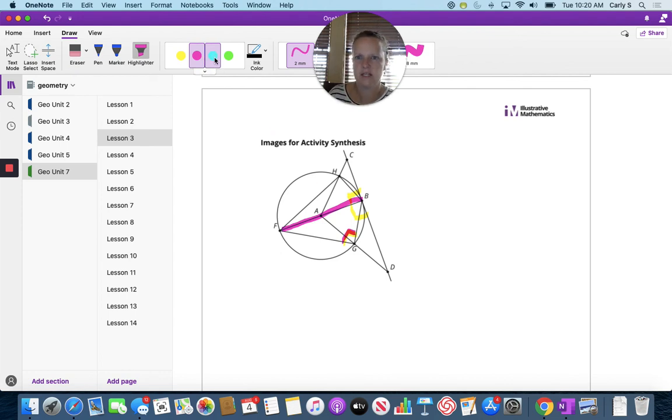Let's change colors again. This angle right here is 90 because it comes out here and touches that line tangent to it. I don't see any others. Oh, here's another one. Change colors again. This angle right here is 90 for the same reason as that angle.